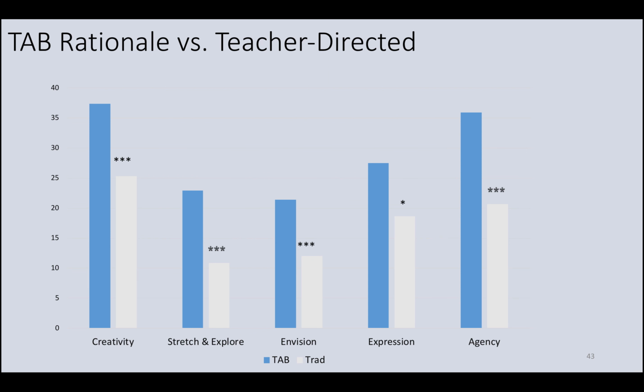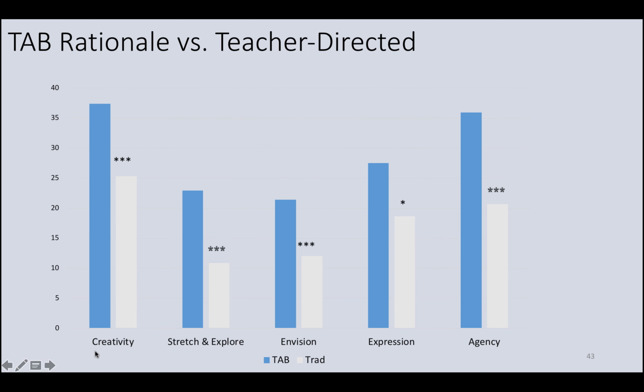So here are 5 types of answers that we hypothesized before the study. We said these are probably going to be different. These are very TAB things. And so I would anticipate that kids in TAB classes are going to cite these reasons more than non-TAB.